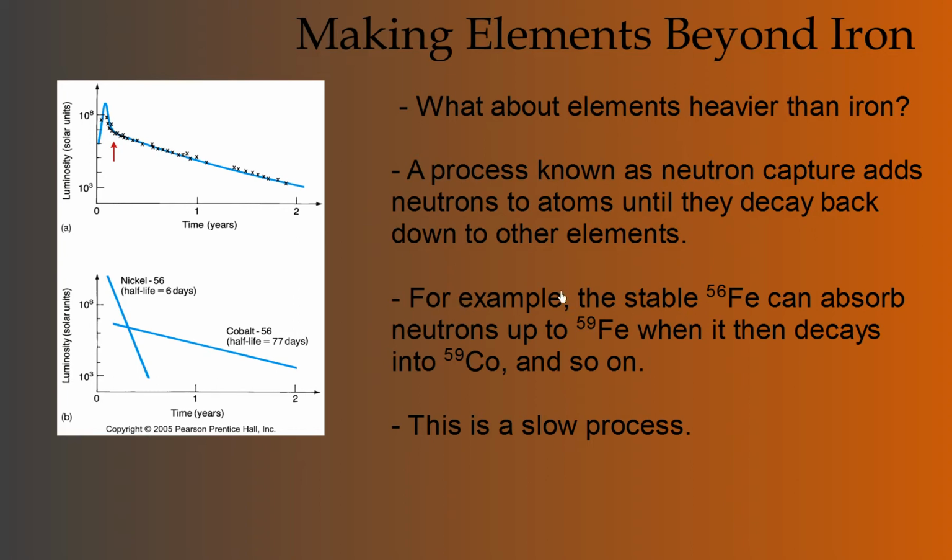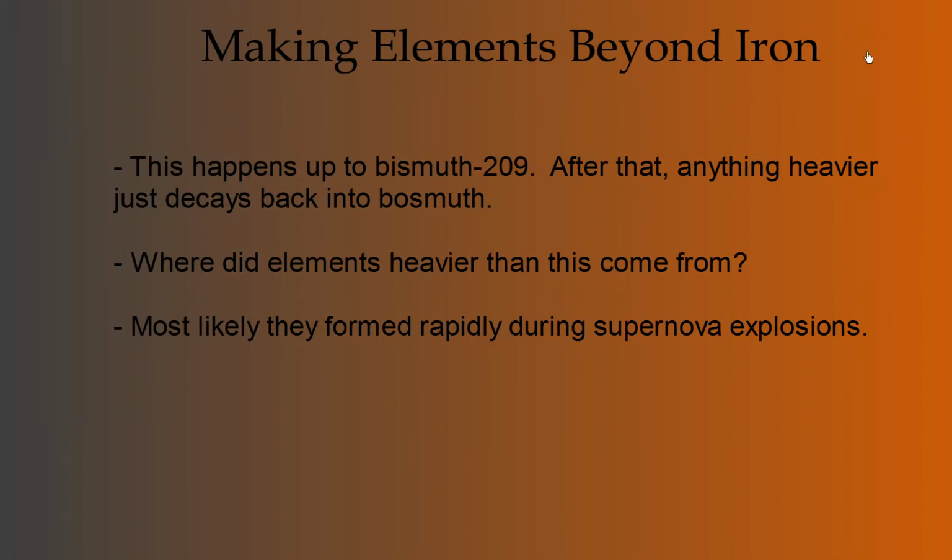So, for example, iron 56, that stable element we talked about, can absorb neutrons up to iron 59, and then it will decay into cobalt 59, and so on. This can happen for heavier elements, but it is a slow process that happens in heavy stars, and only up to bismuth 209. After that, it just decays back into itself.